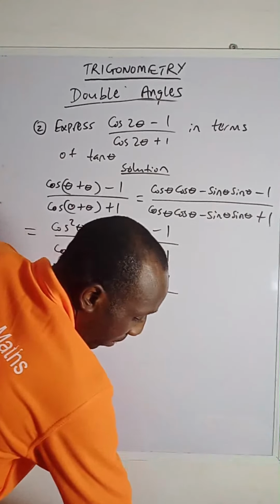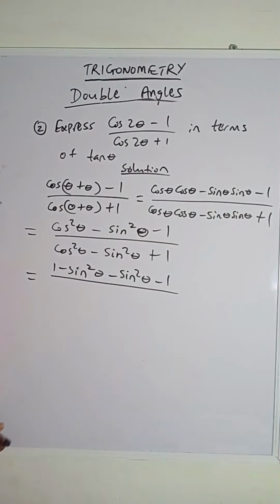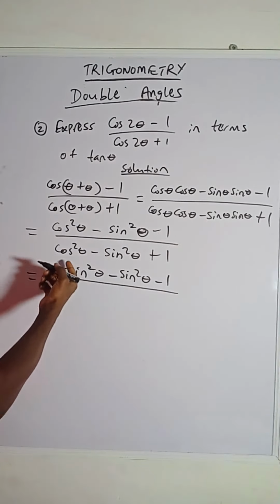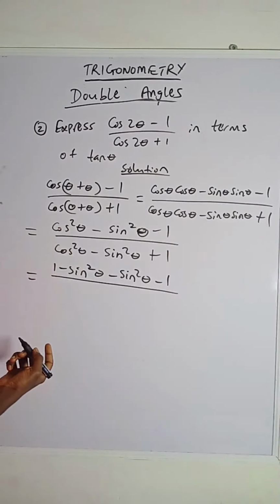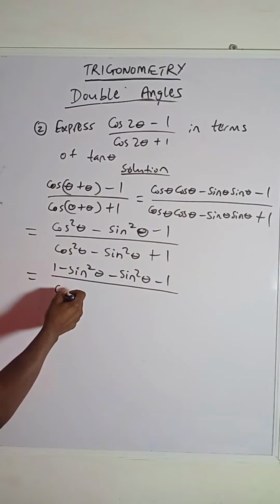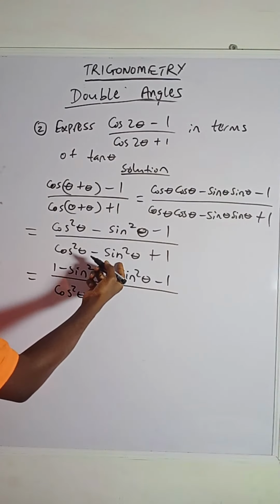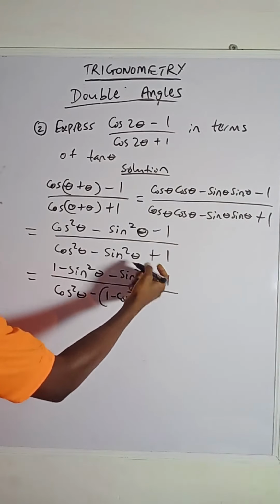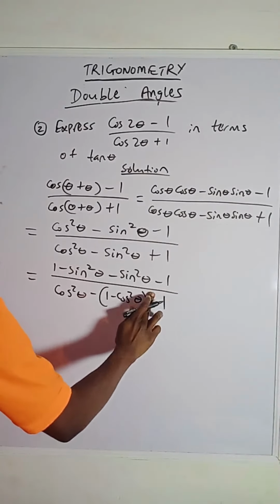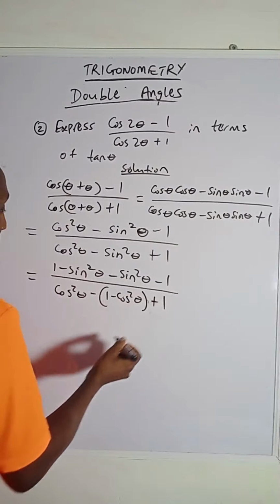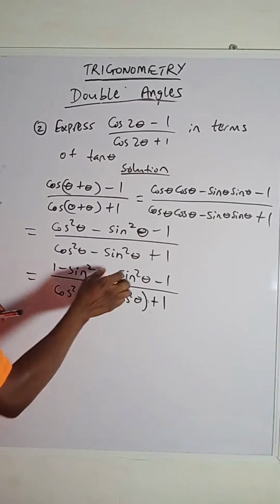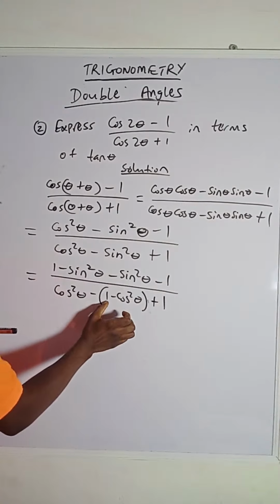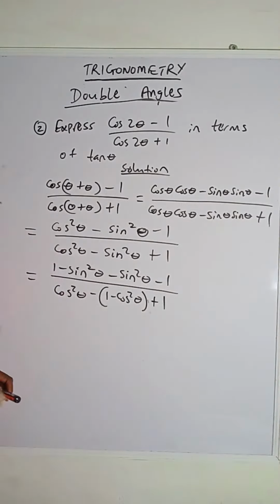Okay. I hope everybody is flowing well. So let's change this to what? We'll still leave it as it is. And then change this to 1 minus cos square theta plus 1. You have to be careful with this. So see this. I've changed sine square theta to 1 minus cos square theta from what we have done before.